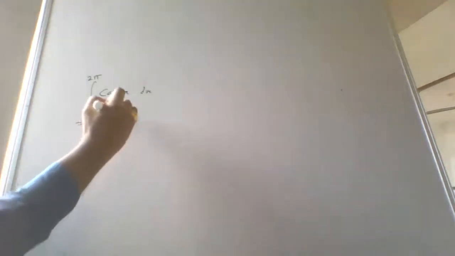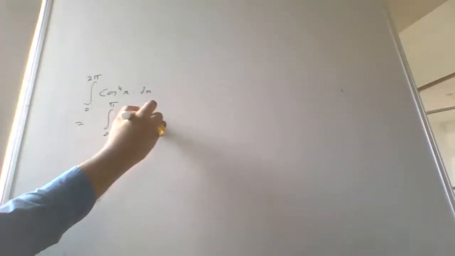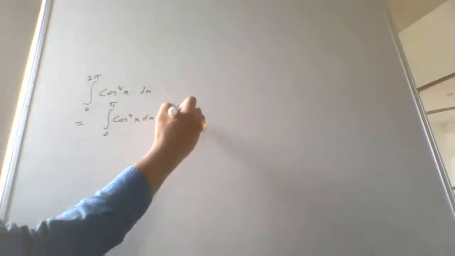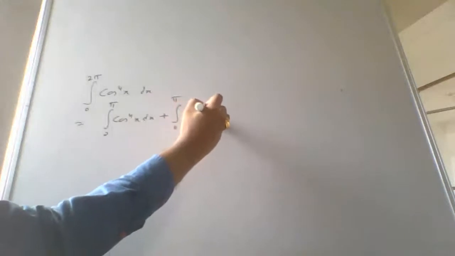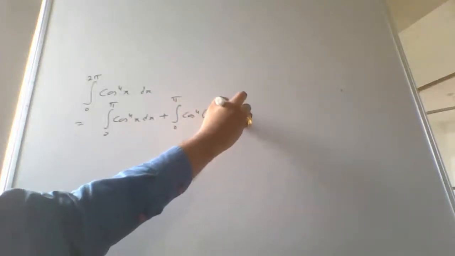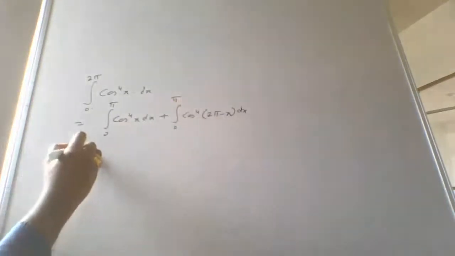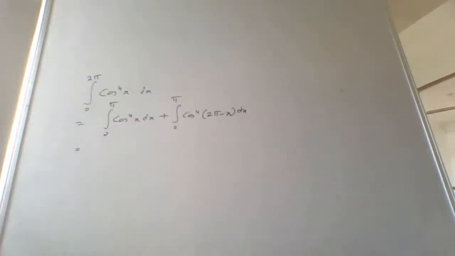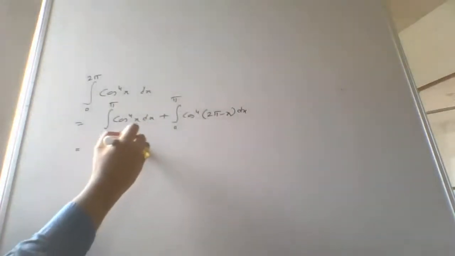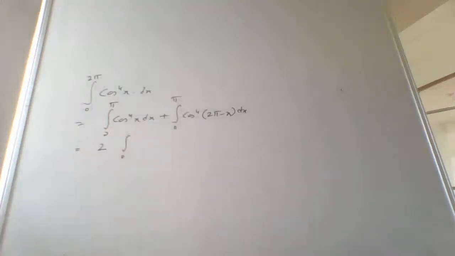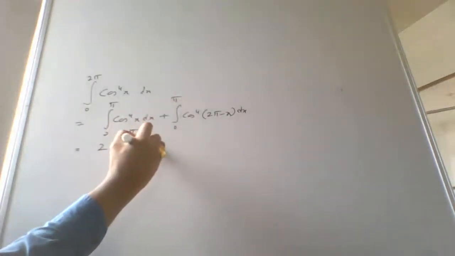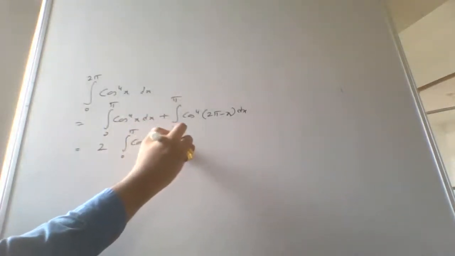So this can be written as integral 0 to pi cos power 4x dx, plus integral 0 to pi cos power 4 of (2 pi minus x) dx. So this can be written as 2 times the integral 0 to pi cos power 4x dx.